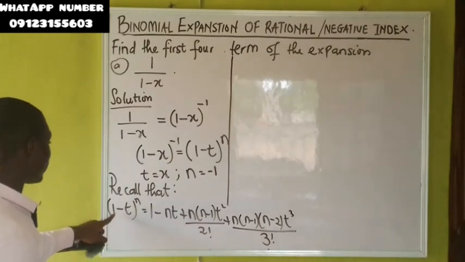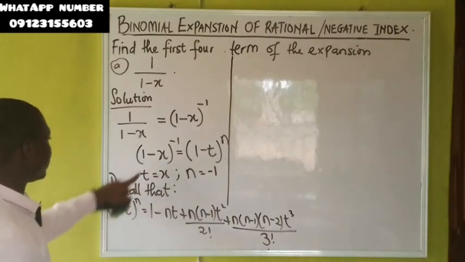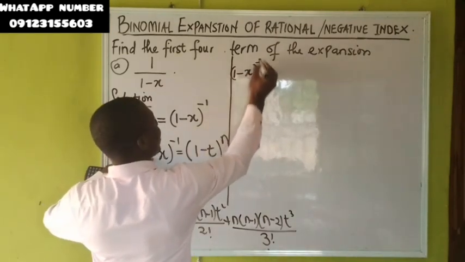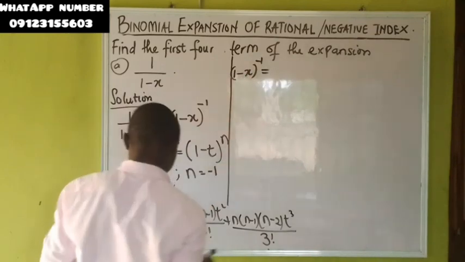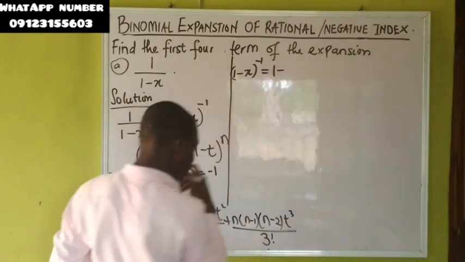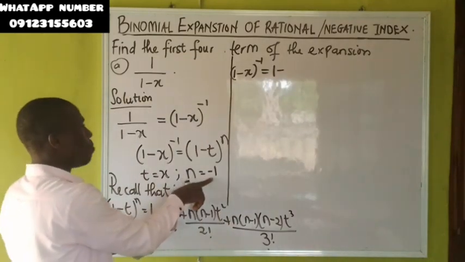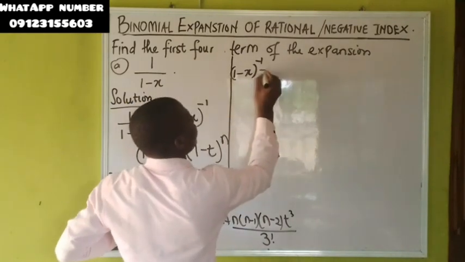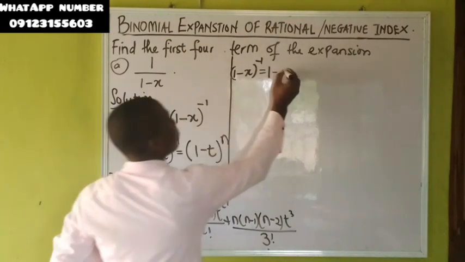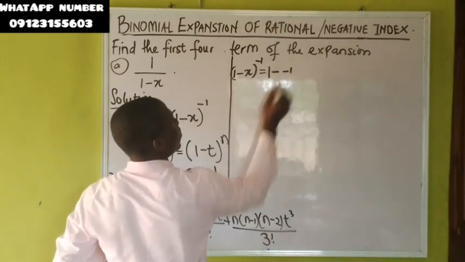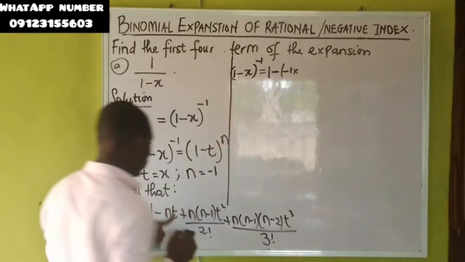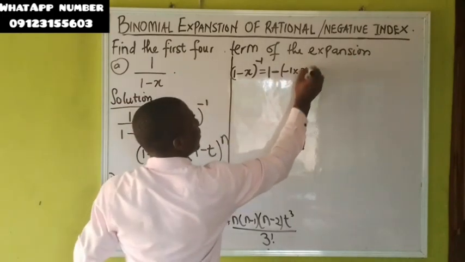This term here, representing this one, becomes 1 minus x to the power of minus 1, which becomes 1, then a minus sign. n is minus 1 initially, so n was minus 1, minus 1 here, times t. Our t is x, times x. I have this.